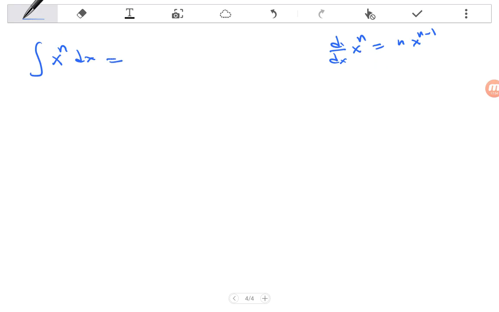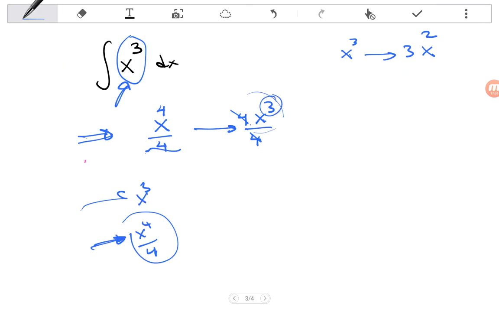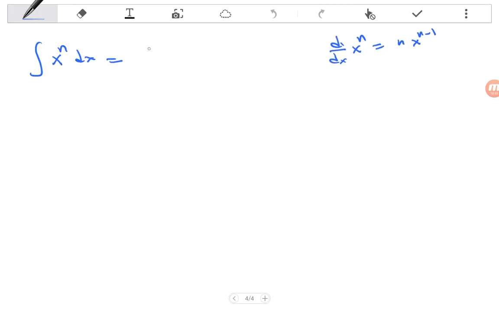What is that? We learned, for example, that it has a power that is plus 1 of the given power. So it is x power n plus 1, and we divide by n plus 1. Okay? There is another term which we'll call plus c.